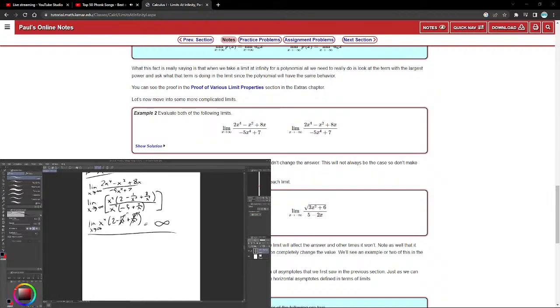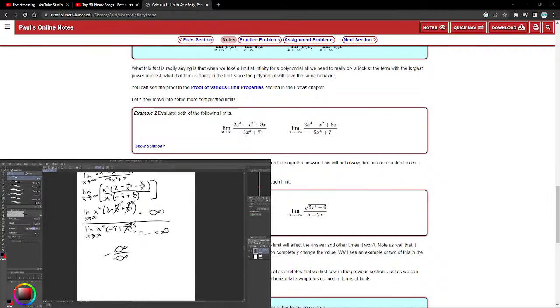And then the bottom, the limit of x to the power of 4 times negative 5 plus 7 over x to the power of 4. This goes to 0. So we've got negative 5 times a positive infinity, so that's going to be a negative infinity. So we got a positive infinity and then a negative infinity, so that should be negative infinity.